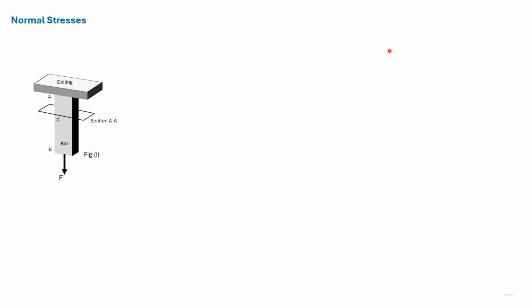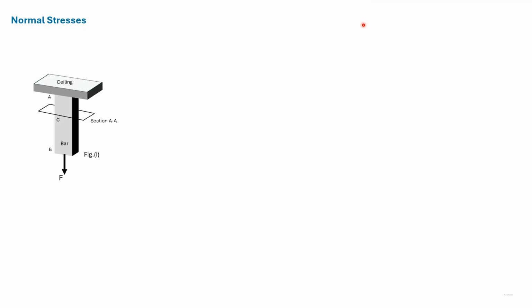Sections are taken perpendicular to the axis of the component subjected to various loads, and the variation of stresses is found out. The stresses in these perpendicular sections can be complicated when the loads are complex. They would comprise both normal and shear stresses.